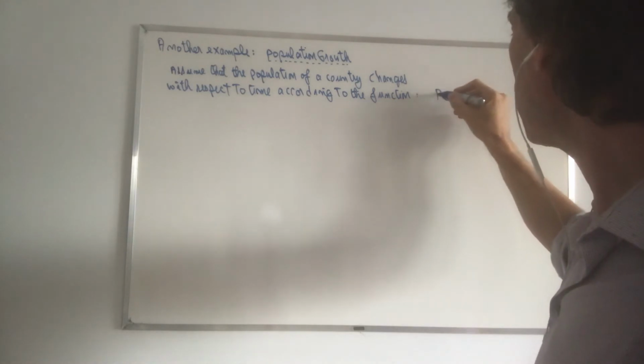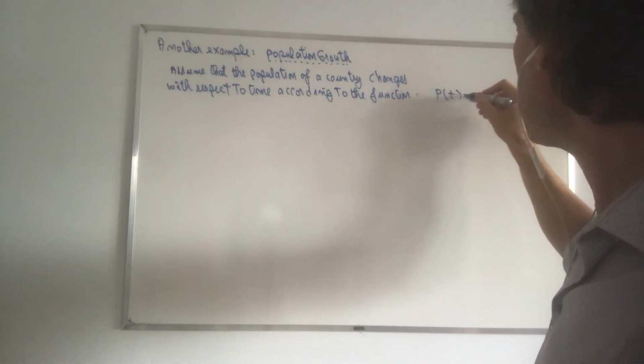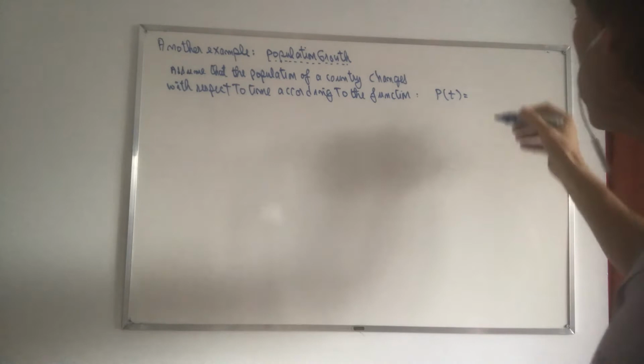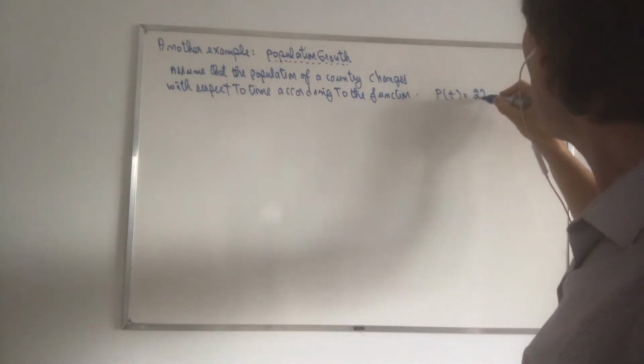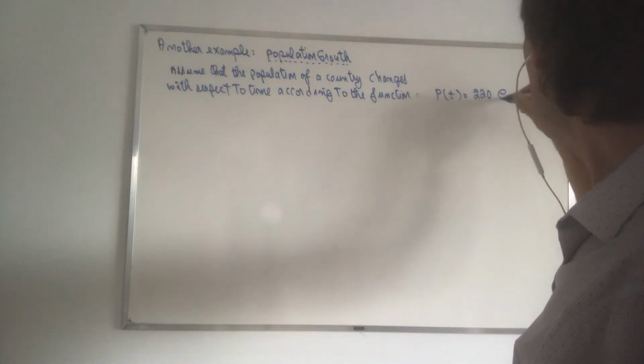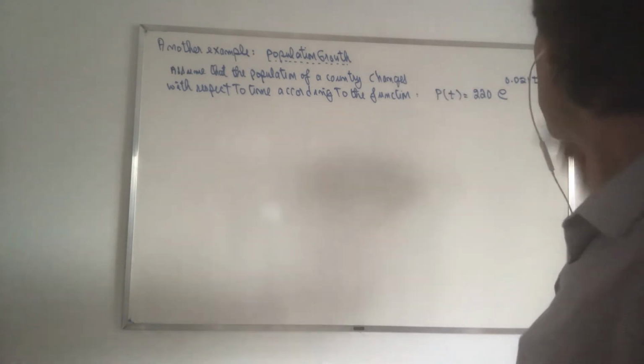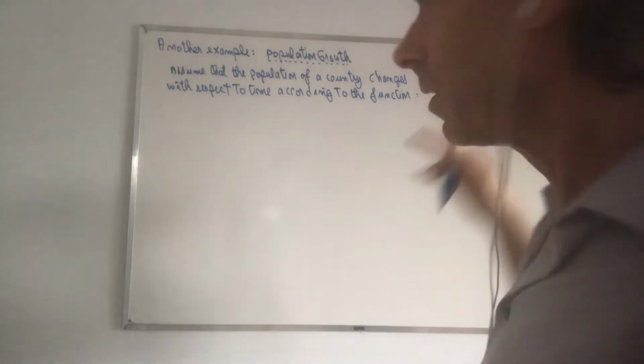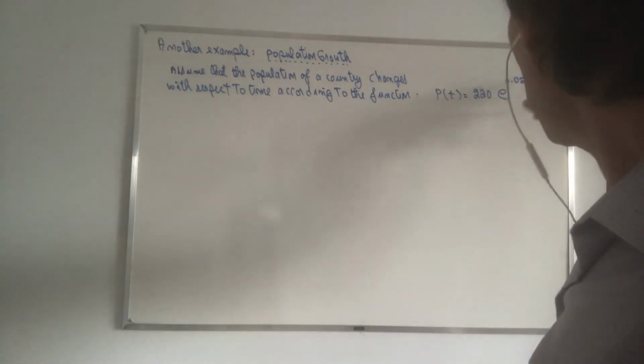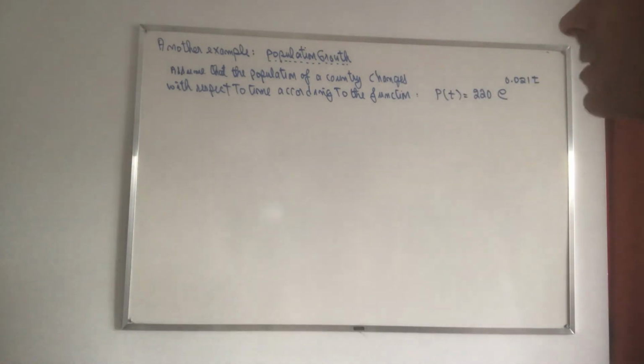P of t is equal to 220 e to the 0.021t. So that's a function with an exponential, with an e, with an exponent and a constant in front.